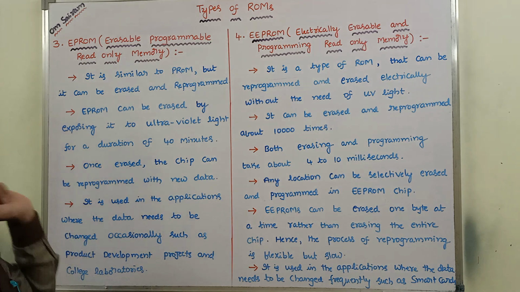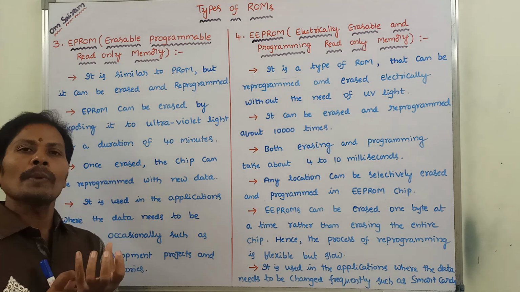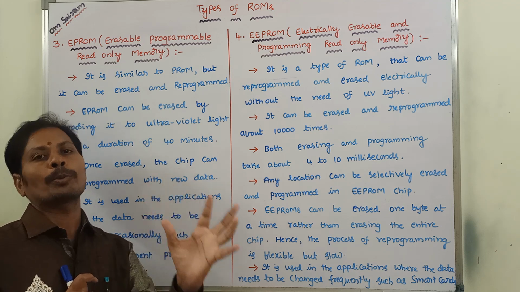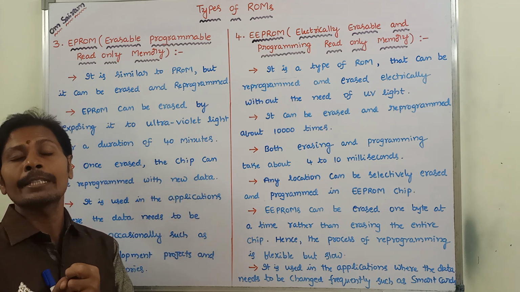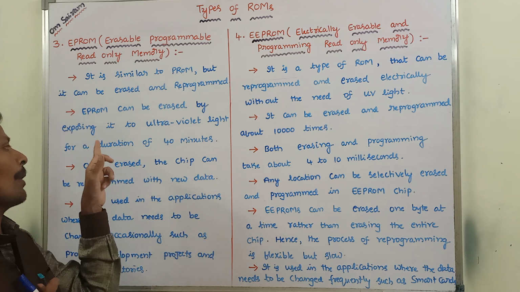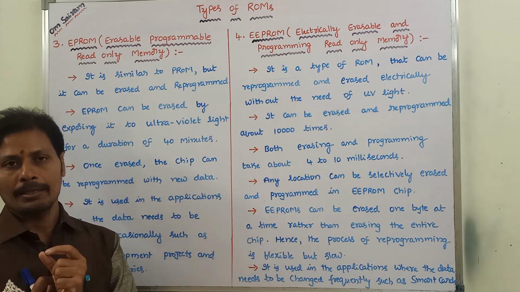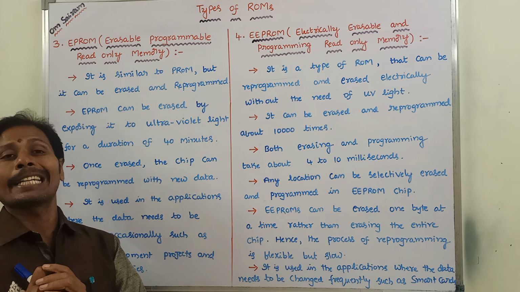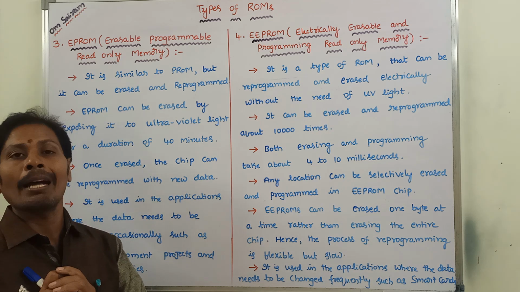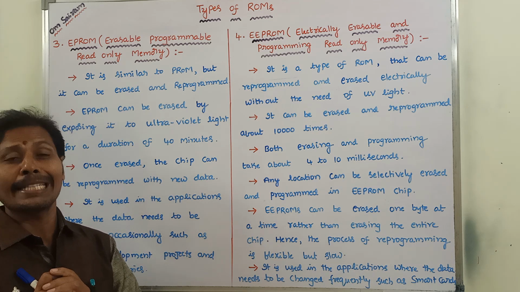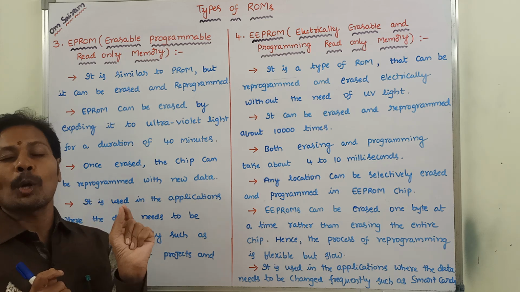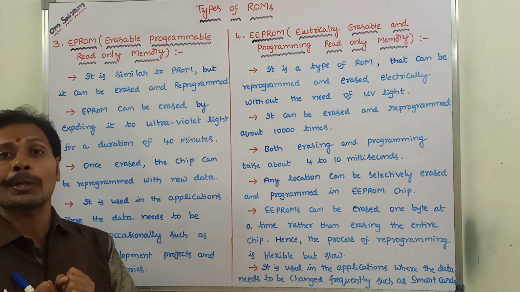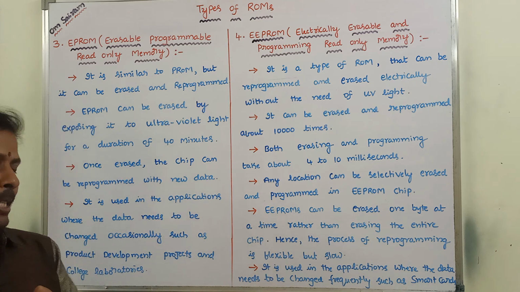Next, second point, EPROM can be erased by exposing it to ultraviolet light for a duration of 40 minutes. That means it takes 40 minutes to erase the data present in the EPROM chip by exposing it to ultraviolet light.